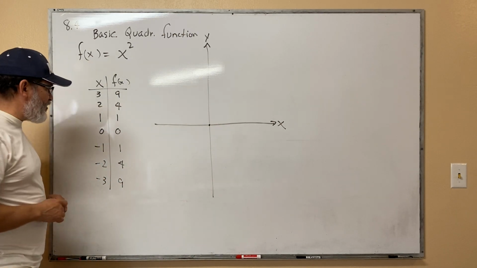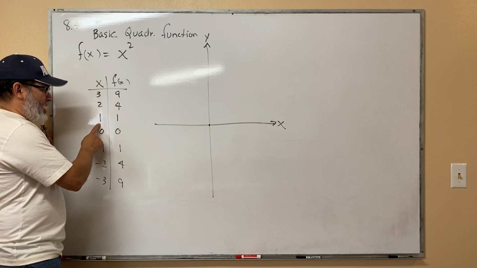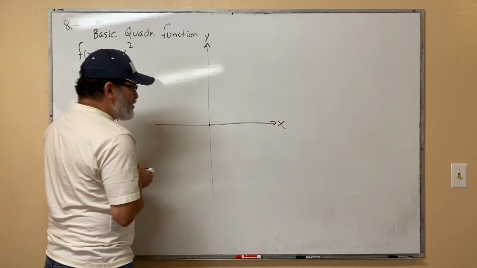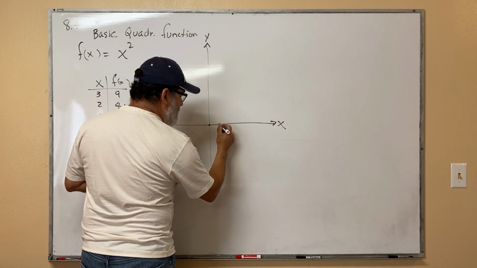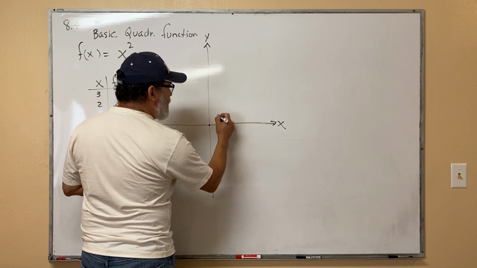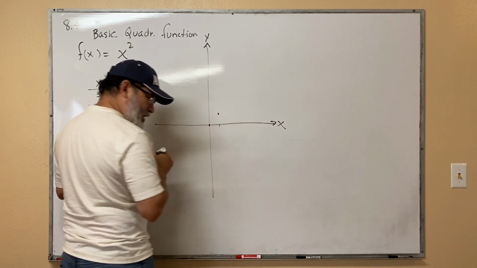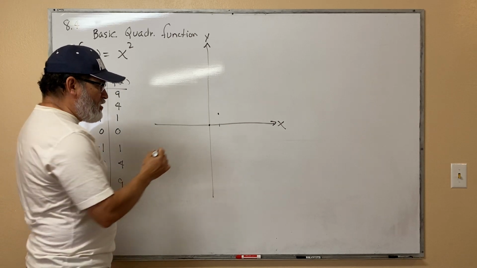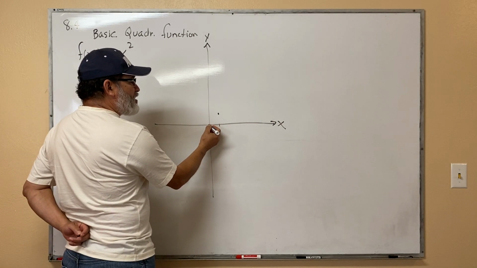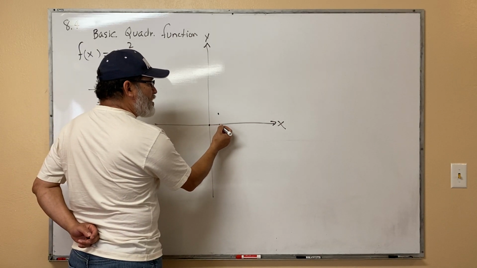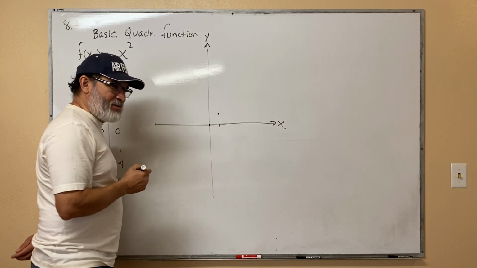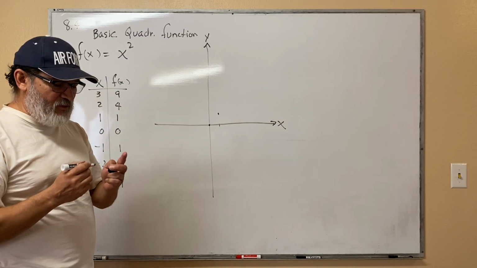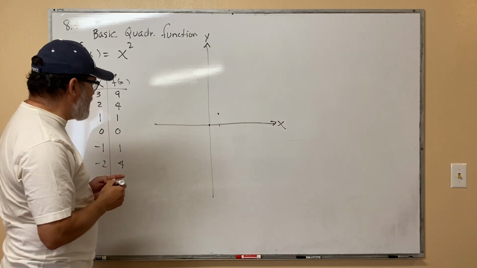When x is 1, y is 1. Behavior from the vertex: 1 to the right, 1 up. That's the behavior of the basic quadratic.